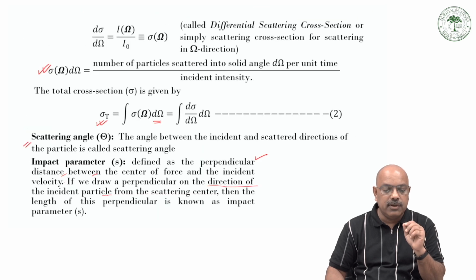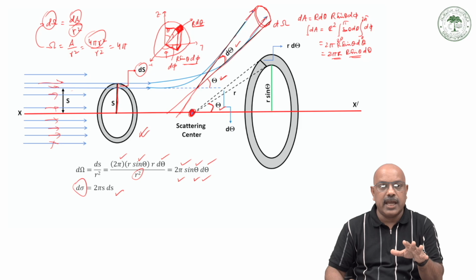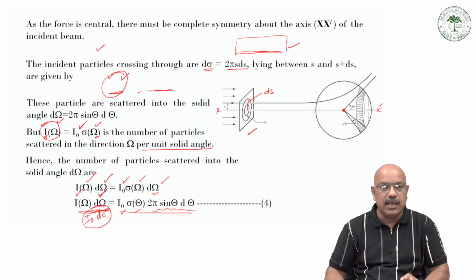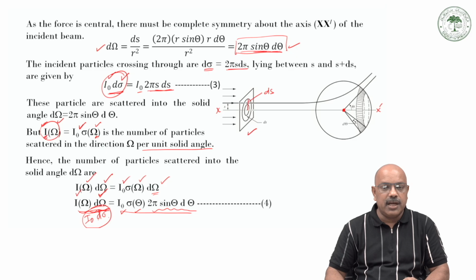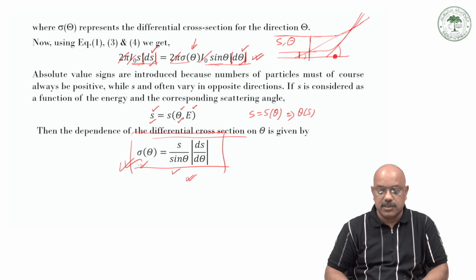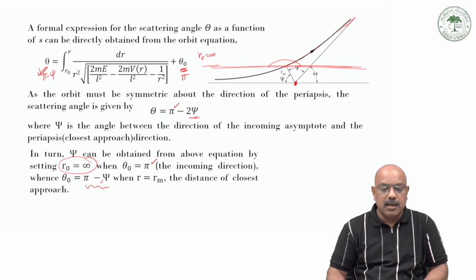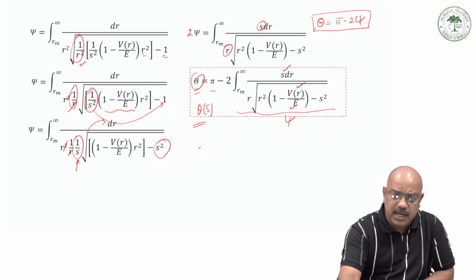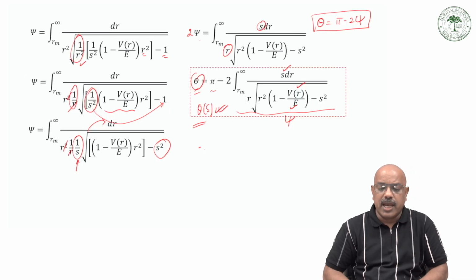So today we tried to understand what is actually happening with d omega, omega, and all these things, the solid angle, and then we tried to calculate the scattering cross section in terms of the parameter S upon sine theta, and we also tried to calculate the scattering angle in terms of the impact parameter.